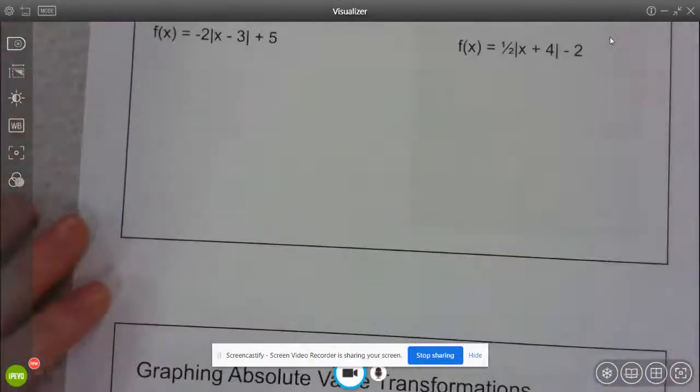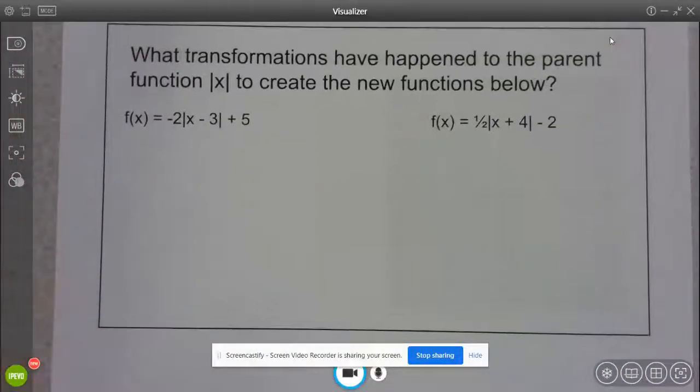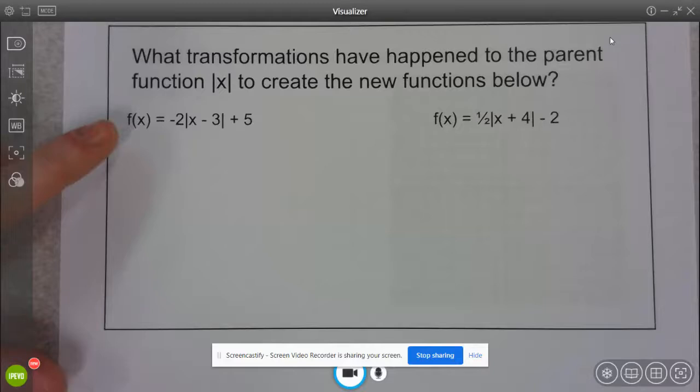All right, so taking this into account, let's talk about some transformations.